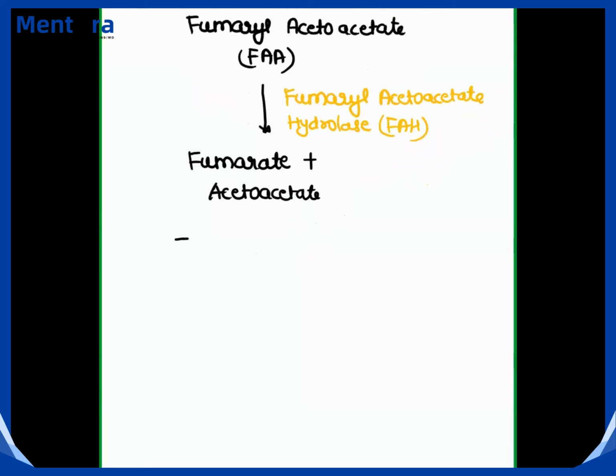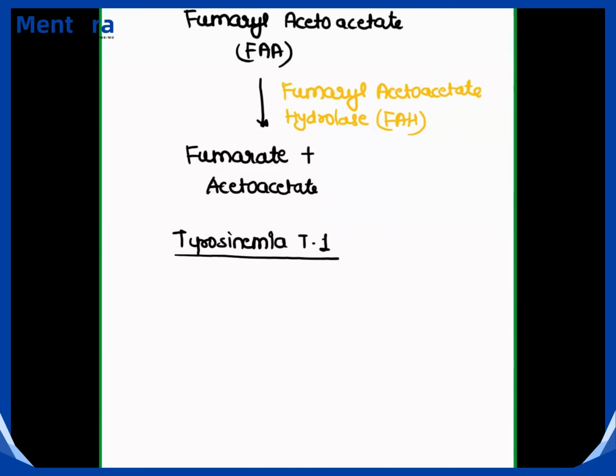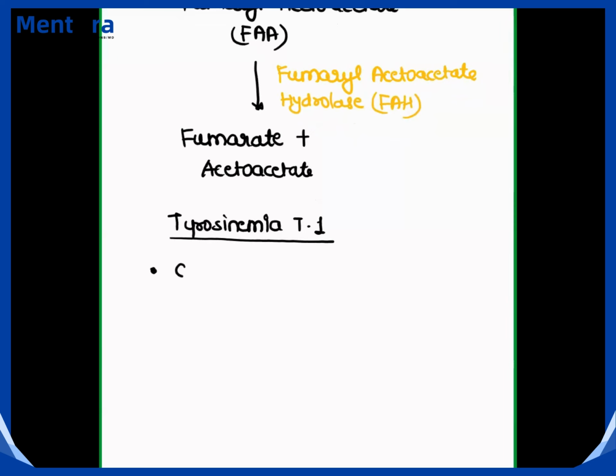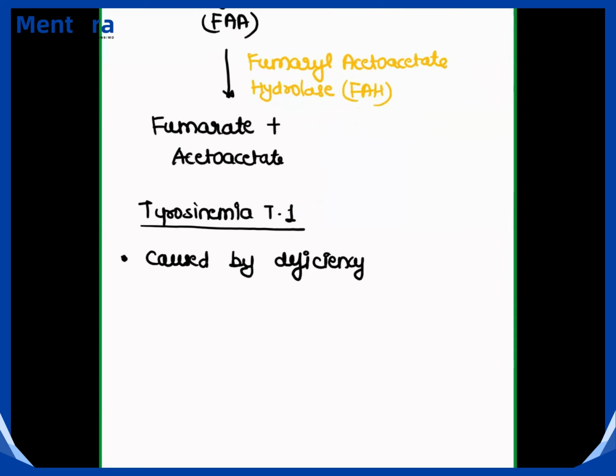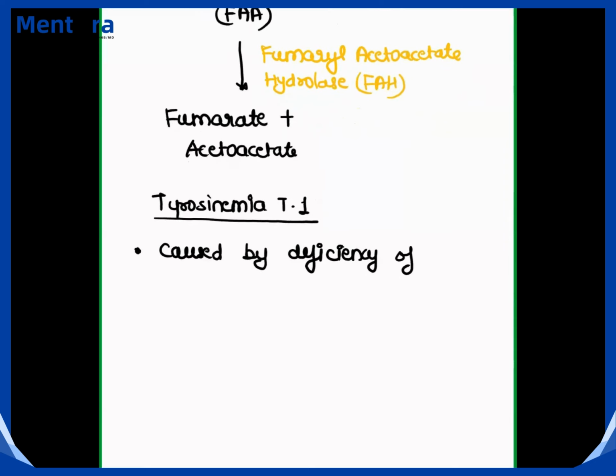Type 1 tyrosinemia is caused by deficiency of that fumarylacetoacetate hydrolase enzyme.